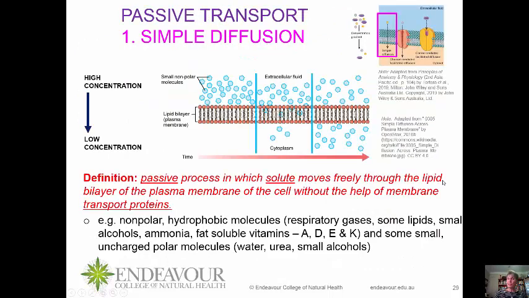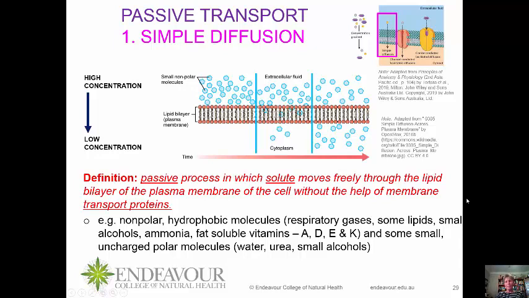Now, there's three different types, if you remember. The first type we're going to look at is simple diffusion. So the definition of simple diffusion, it's a passive process, so meaning it doesn't need any outside energy, it only uses its own kinetic energy, in which the solute moves freely through the lipid bilayer of the plasma membrane without the help of any membrane proteins.